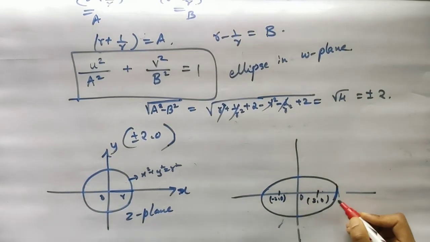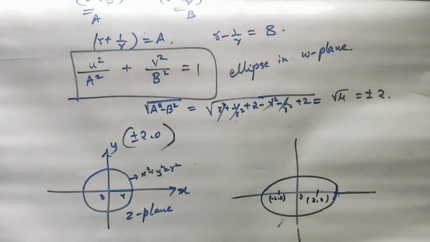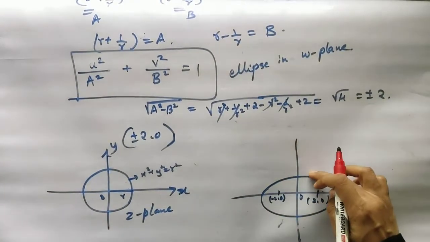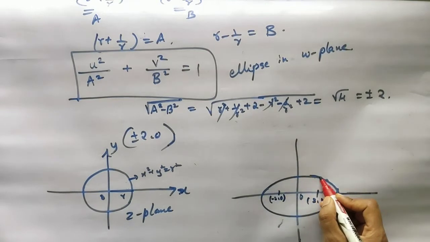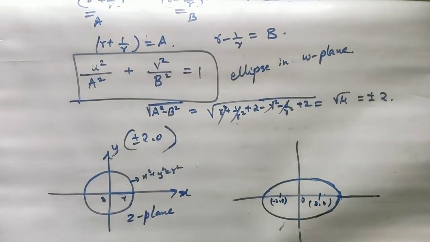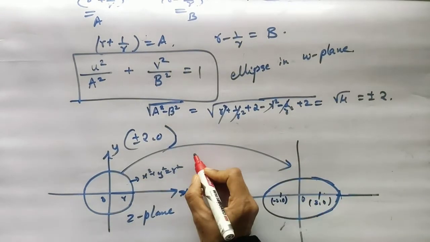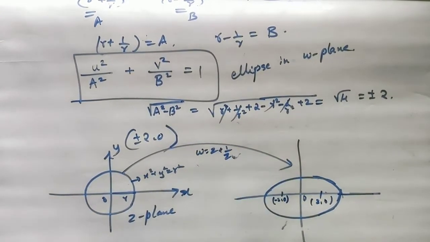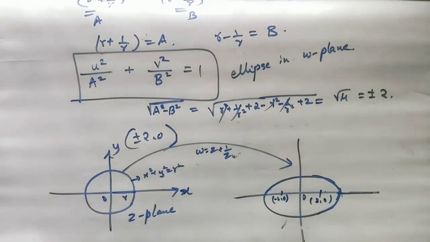It looks like this, right? So this is the ellipse with foci at these 2 points. Hence the circle has been transformed to the ellipse in the W plane under this transformation W is equal to z plus 1 by z.